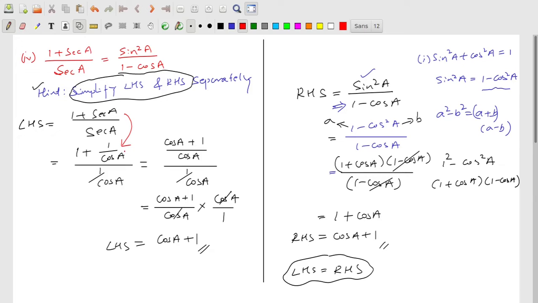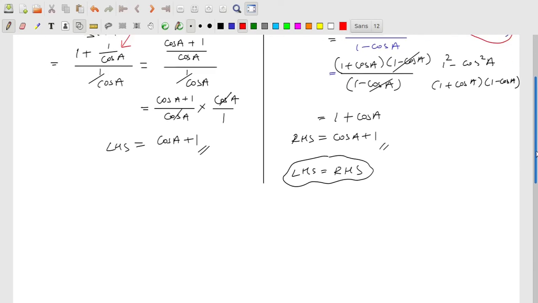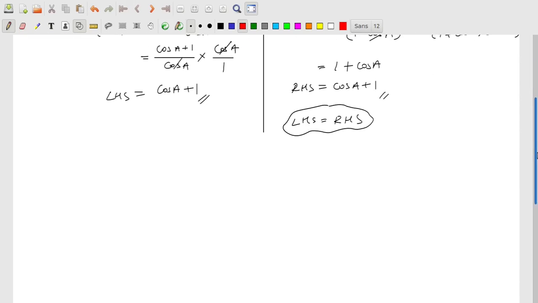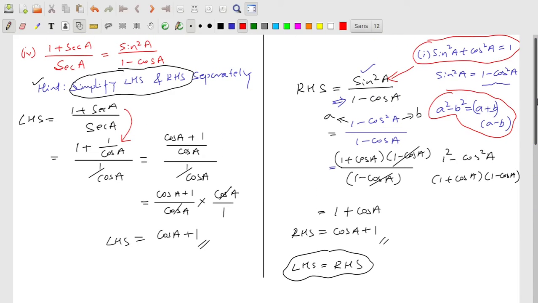Then just go with the flow, taking these two as fractions and operating. And for the identity, you need to remember sin square A plus cos square A is equal to 1, and replace sin square A by 1 minus cos square A. Then just go with the flow and use the algebraic identity. Fine. Let's solve the next question, question number 5. If you want, you can pause and make a note.